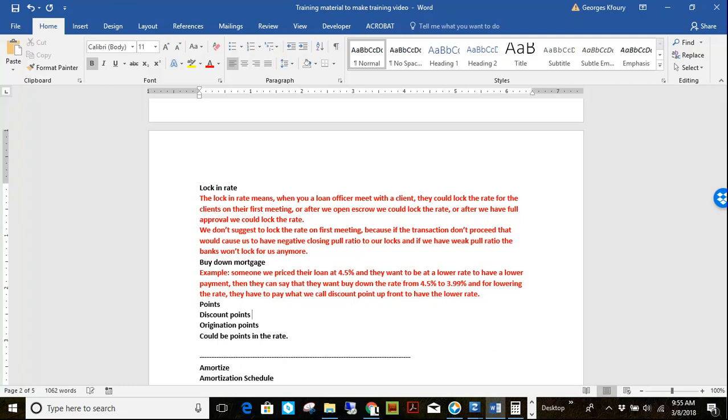So the discount point is a cost for the rate that is picked. Origination point is a commission charged by either the broker or the bank, and it's an upfront commission.